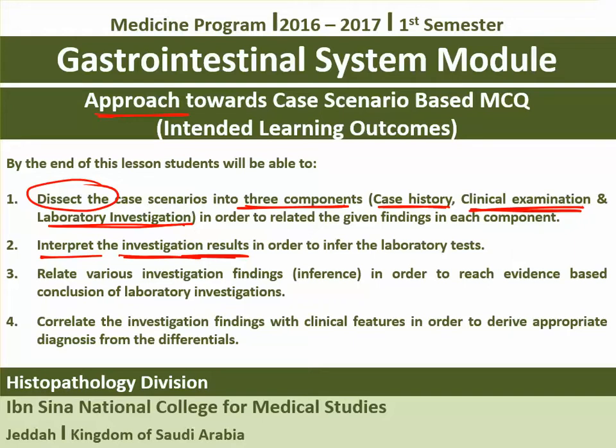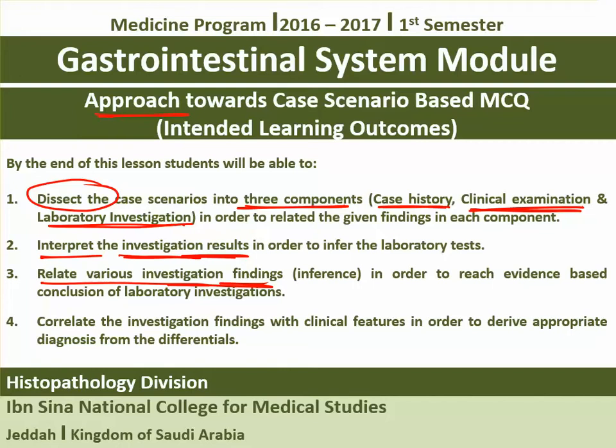Okay, now after that interpretation, you have to relate the various investigation findings. Relate means, for example, in a case they would have given 2-3 investigations. If 2-3 investigations have been given, then it is a complex case.